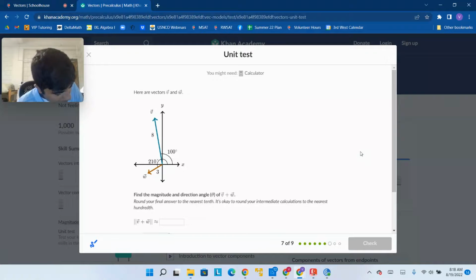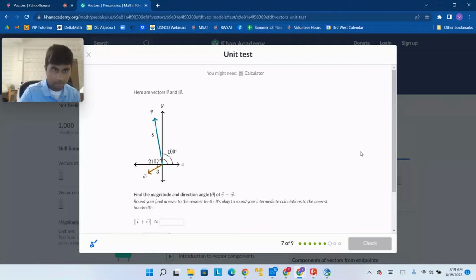All right, now we add that up, so we get that v plus w. v plus w is going to be the negative 1.39 plus the negative 2.60, which is going to be negative 3.99, and then the y is going to be 7.88 minus 1.5.